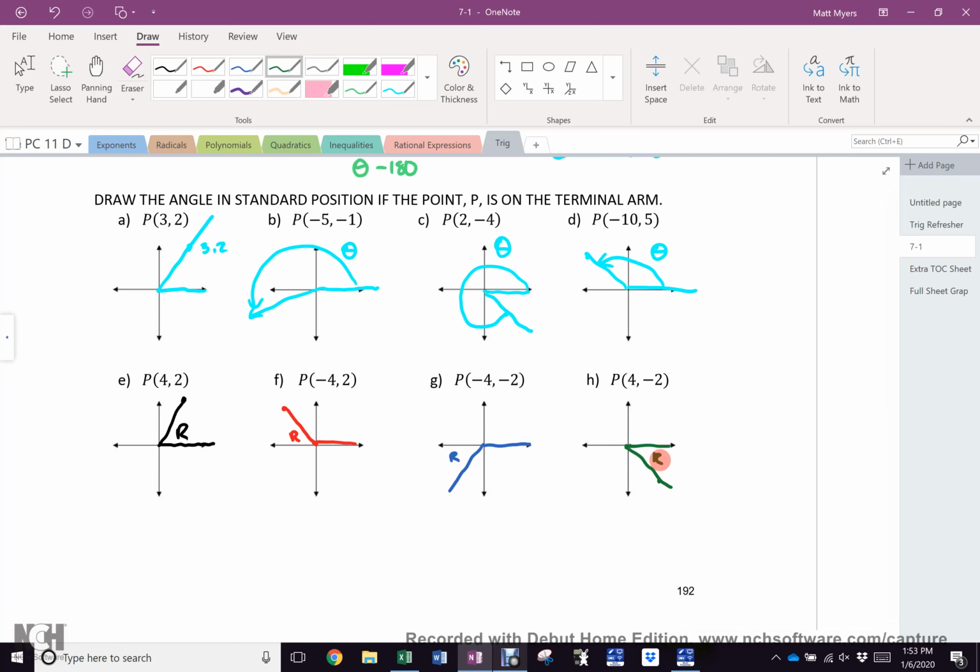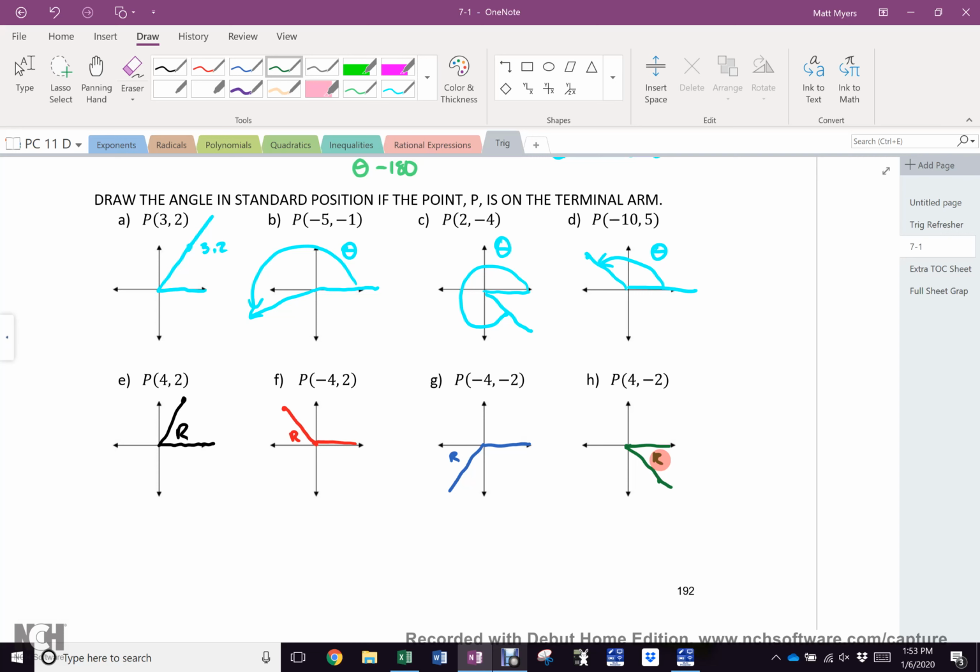What should you notice about the reference angles in E through H? What must they all be? The reference angles all have to be less than 90, yes.